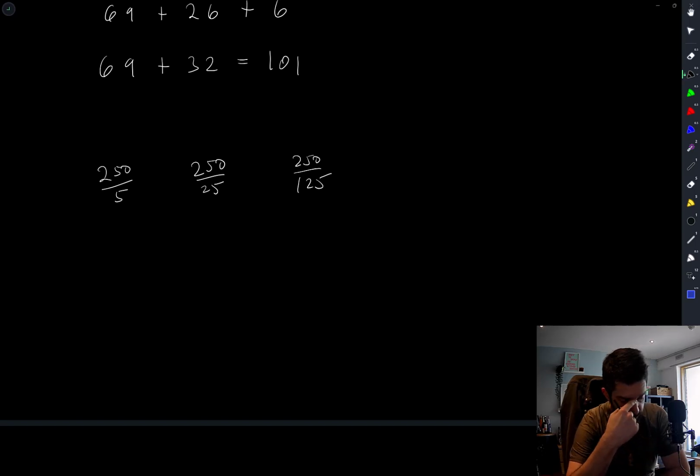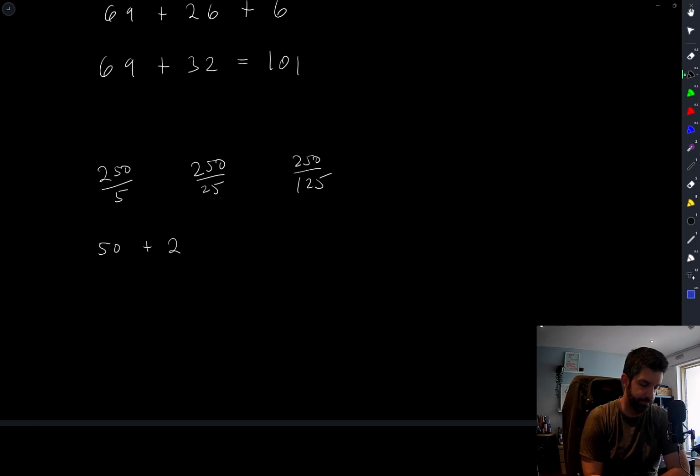250 divided by 5 is 50. 250 divided by 25 is 10. 250 over 125 is 2. 50 plus 20 plus 6, 76.